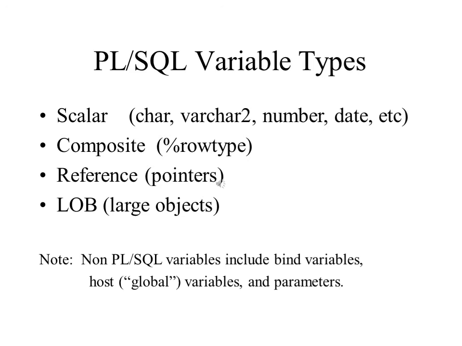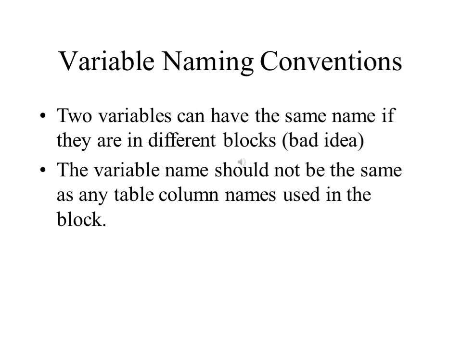In PLSQL variable types, the next is variable naming conventions. Two variables can have the same name if they are in different blocks. The variable name should not be the same as any table column names used in the block.